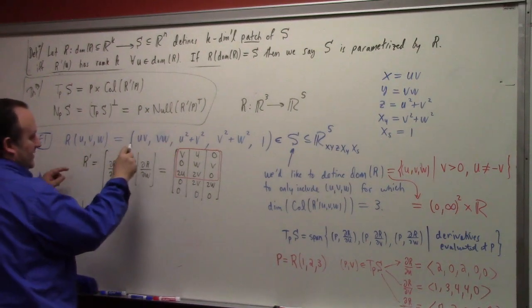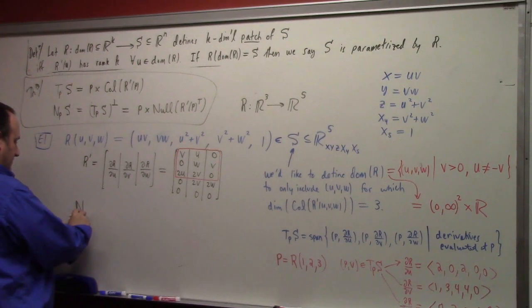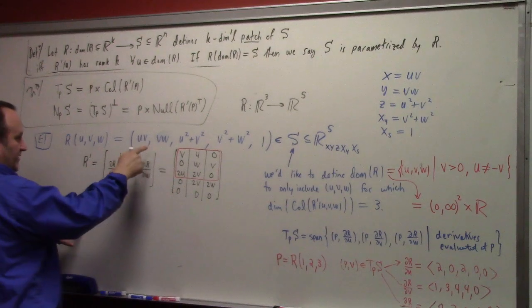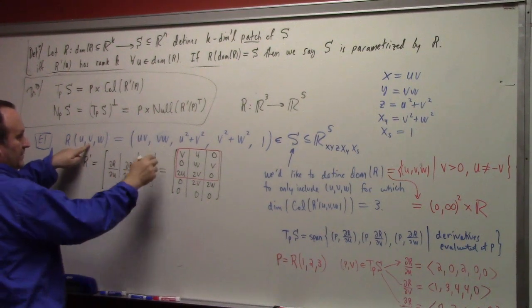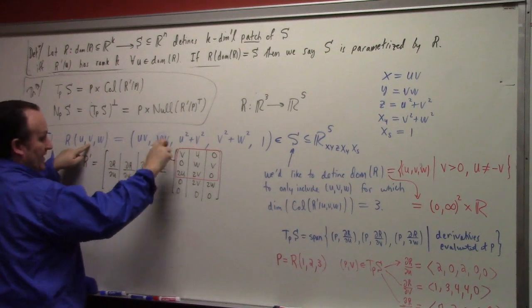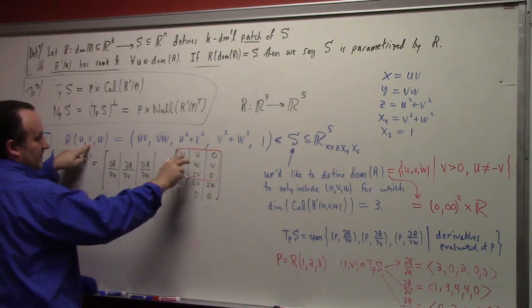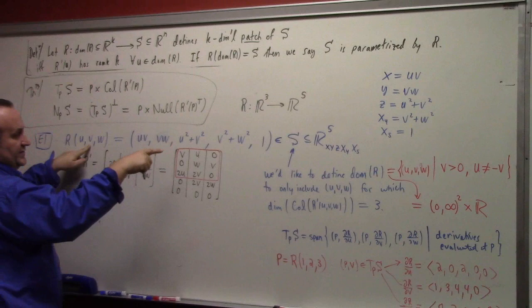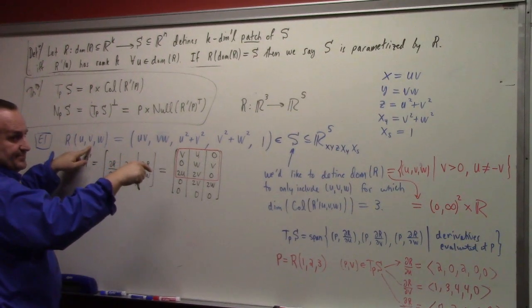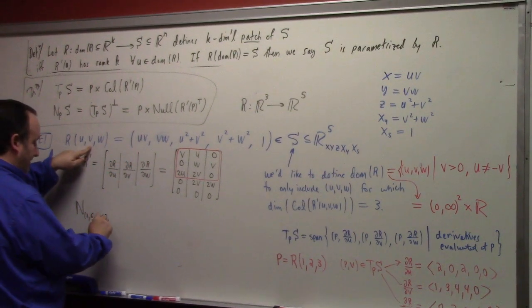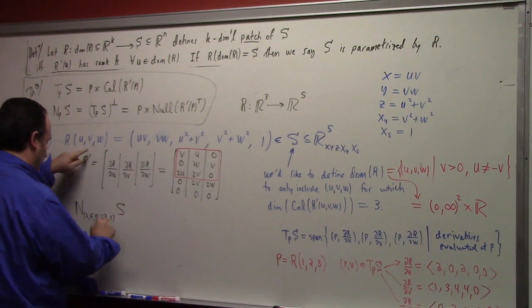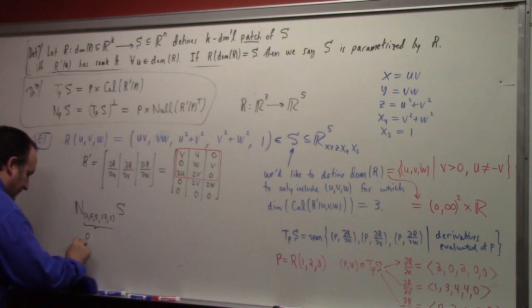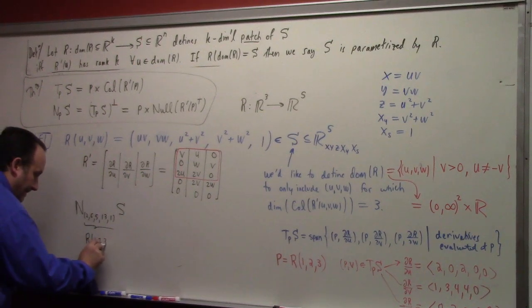If I plug 1, 2, 3 into this, actually we're talking about the point 2, 6, 5, 2 squared plus 3 squared is 13, and then 1. This right here is R of 1, 2, 3, okay?